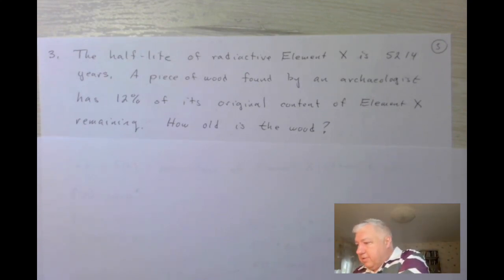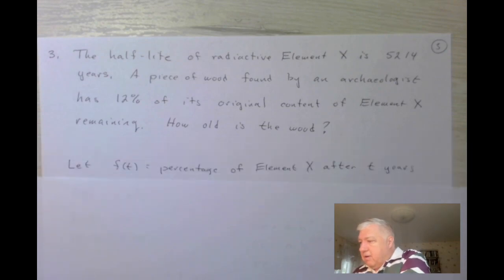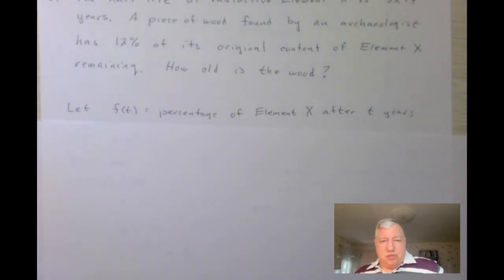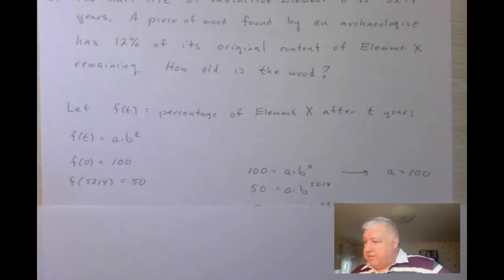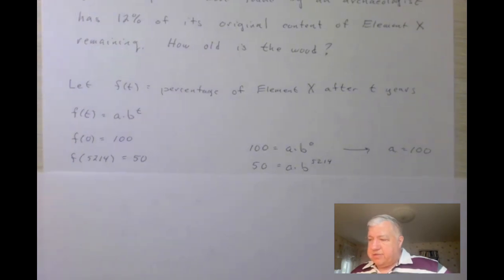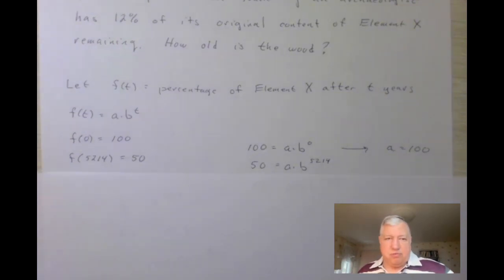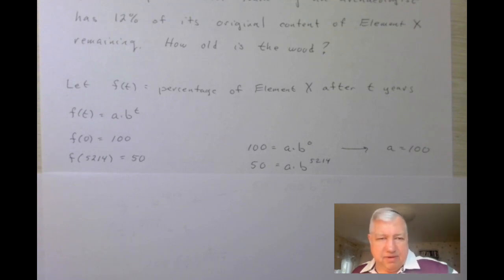All right. Once again, we can come up with a function: let f of t be the percentage of element X after t years. We know it has exponential growth, or in this case exponential decay, so it's in this form. And we know its original amount is 100%, so f of 0 is 100, and f of 5214 is 50, because that's its half-life.